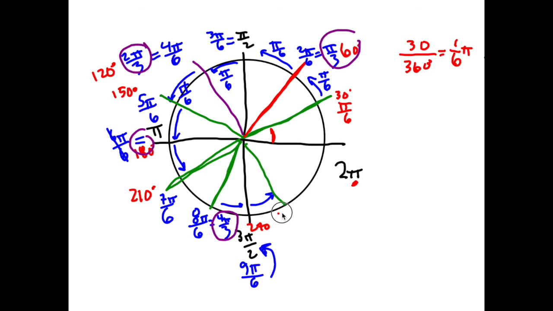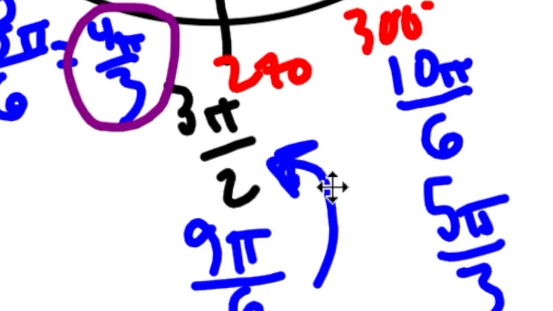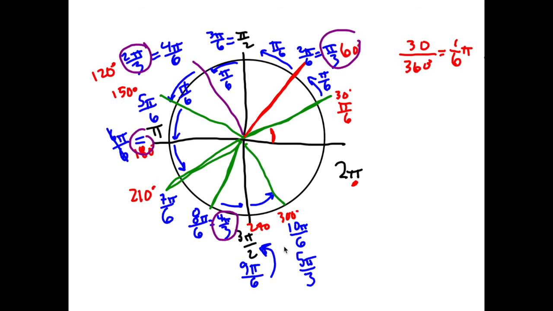Add 30 degrees and we get 300 degrees. Add pi over 6 to this, so I get 10 pi over 6, which reduces to 5 pi over 3, because it was 4 over here. It's 5, because 5 comes after 4.